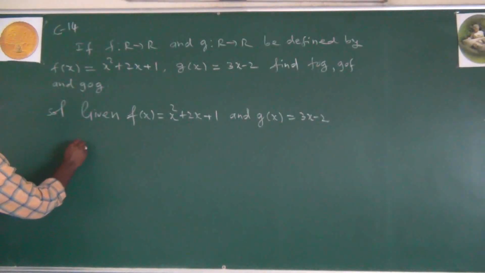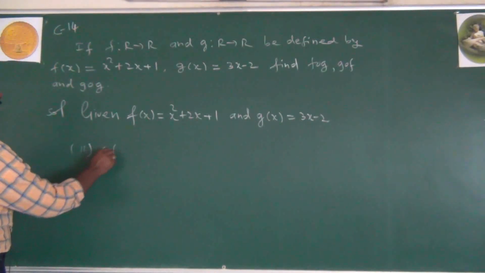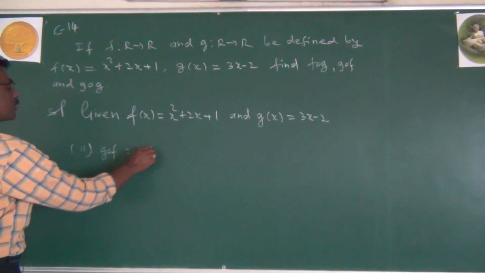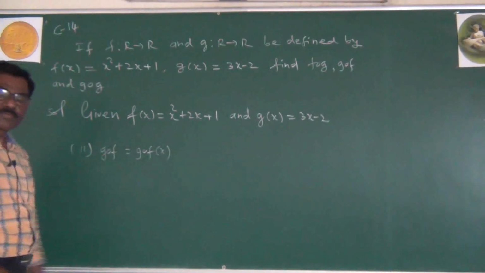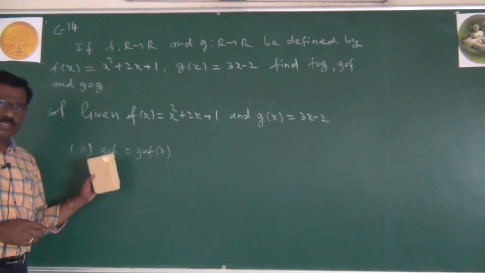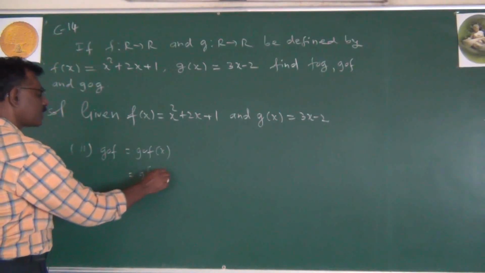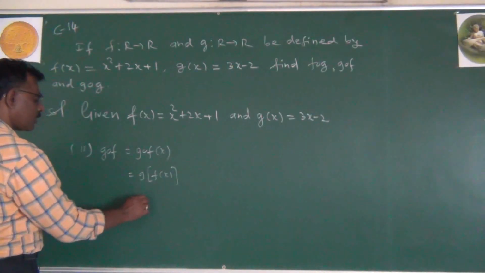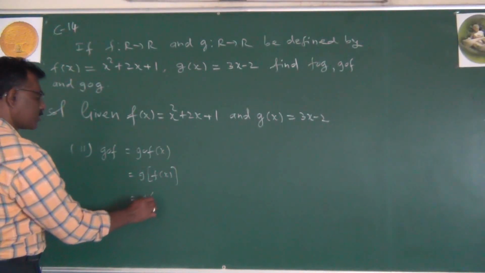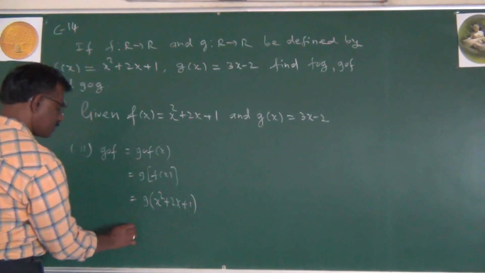And the second problem. g composition f is the same as g composition of f of x. It is a function of x. If it is not given, function of x only. g of f of x. What is f of x? x square plus 2x plus 1.